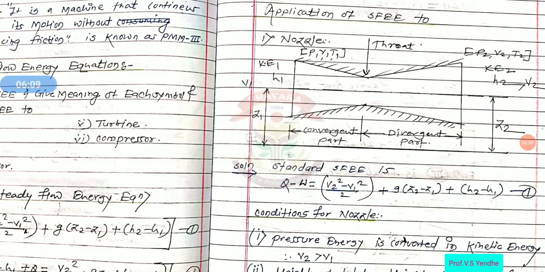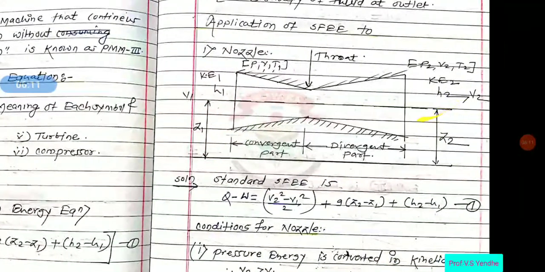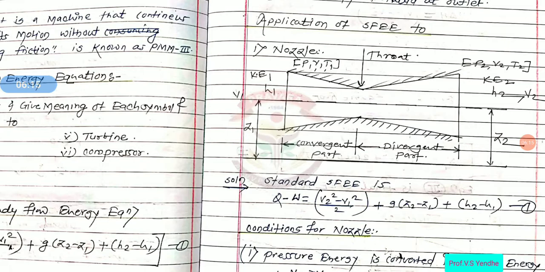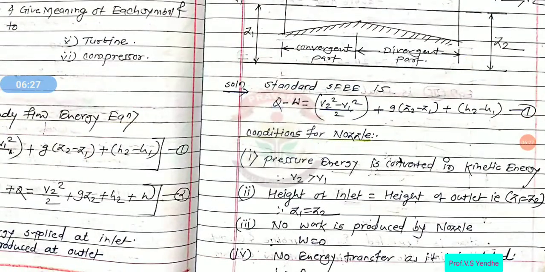Let us see the outlet conditions: P2, V2, T2, kinetic energy KE2, enthalpy H2, velocity V2, and outlet height Z2.